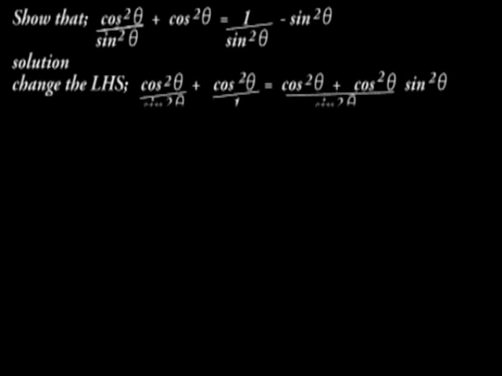The LCM of sin squared theta and 1 is sin squared theta. Sin squared theta divided by sin squared theta is 1, multiplied by cos squared theta, we have cos squared theta. Plus sin squared theta divided by 1 is equal to sin squared theta, multiplied by cos squared theta, and we have cos squared theta sin squared theta.